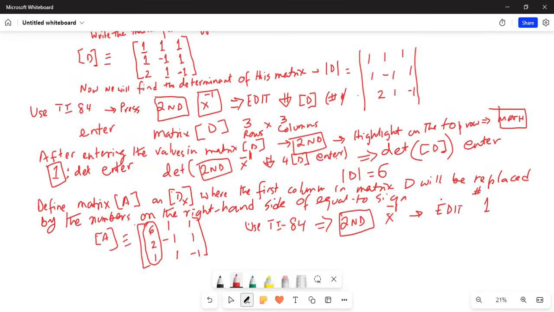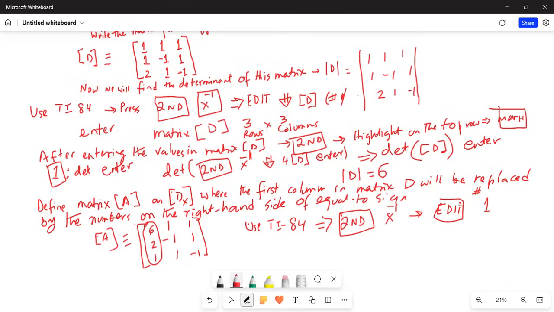And then we scroll down to number 1, edit number 1. It's a 3 by 3 matrix, we just have to enter the numbers. The first number 3 is the number of rows, the second number 3 is the number of columns. The first row is 6, enter, 1, enter, 1, enter.